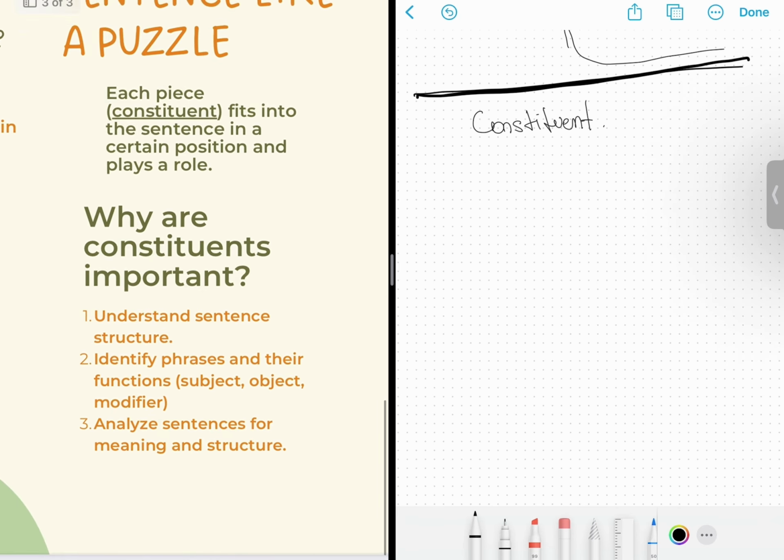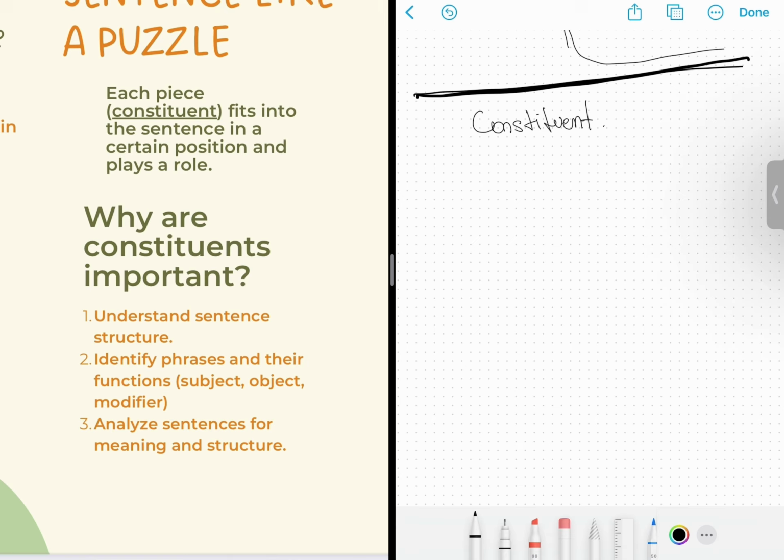And then, if you ask me, Professor, why are constituents important? Of course, they are important, because in that way we understand sentence structure. It is going to be easier for us to identify the different functions of the object, for example.